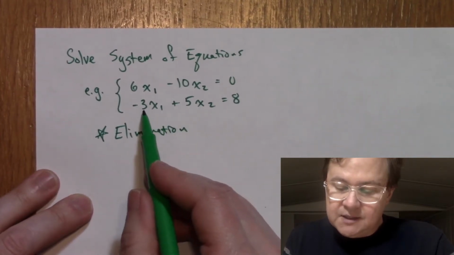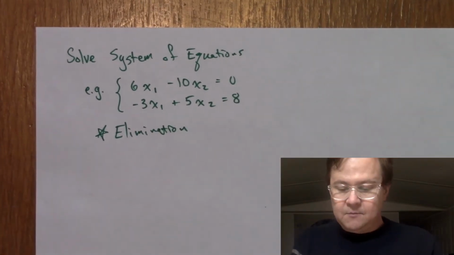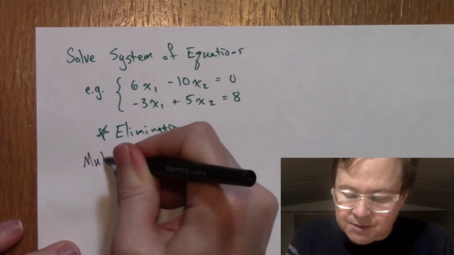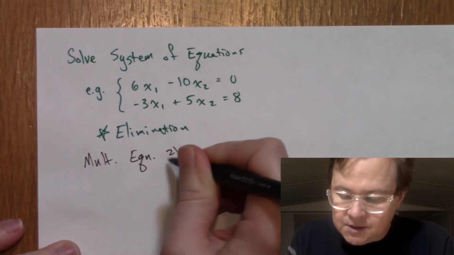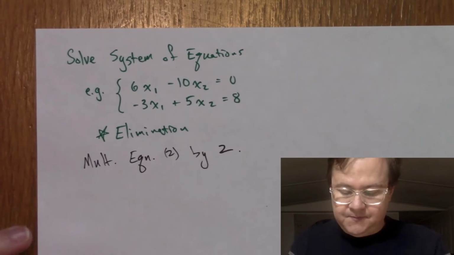And I notice that negative 3 multiplied by 2 is negative 6. So my idea is to multiply equation 2 by the number 2.